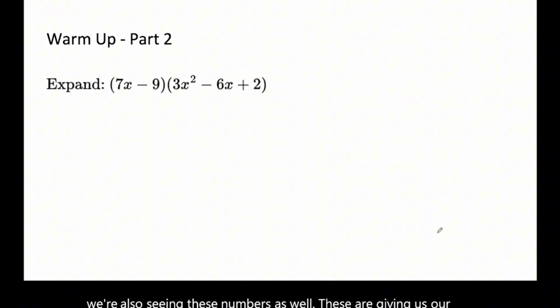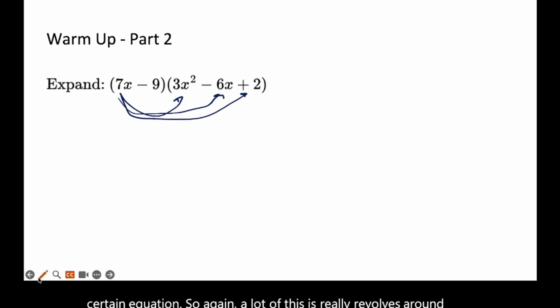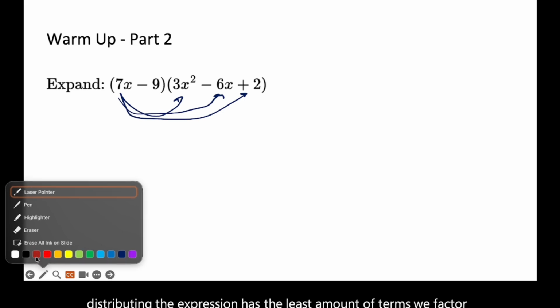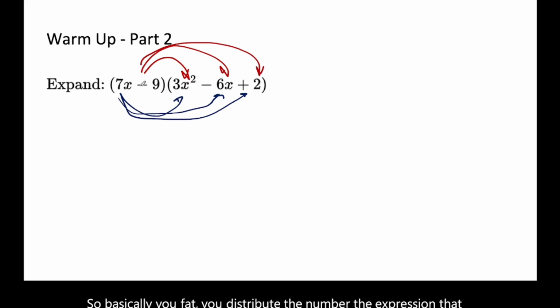Now let's do a warm-up on how to expand a certain expression. A lot of this revolves around distributing the expression that has the least amount of terms. You multiply each of its terms by every term of the longer expression.